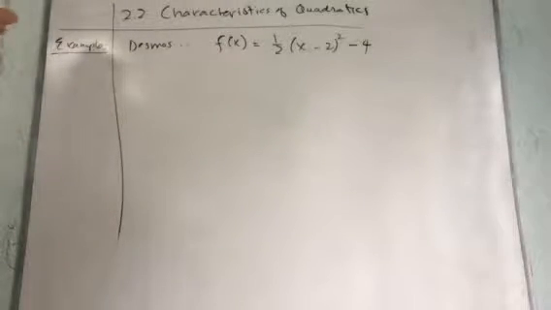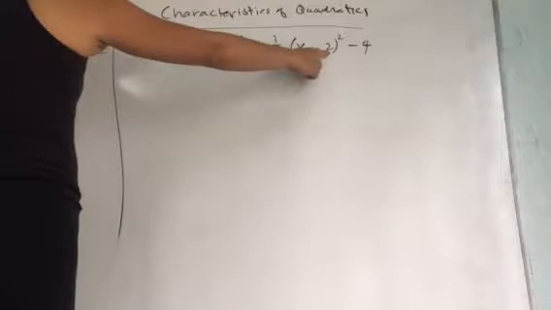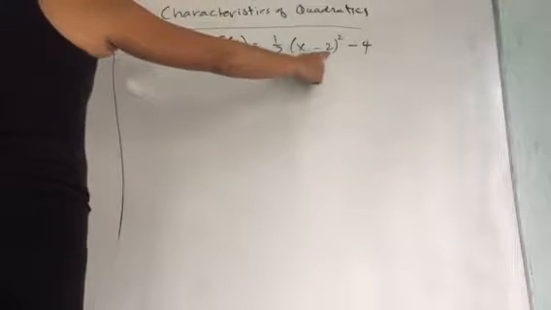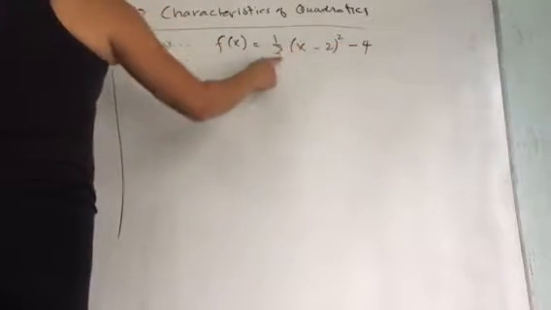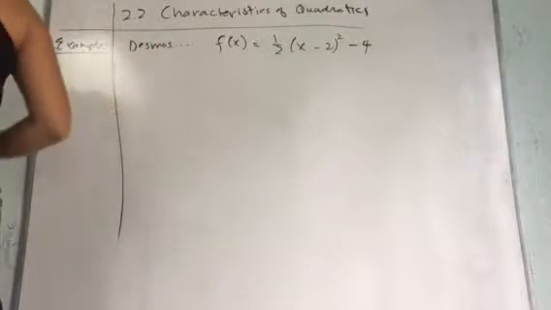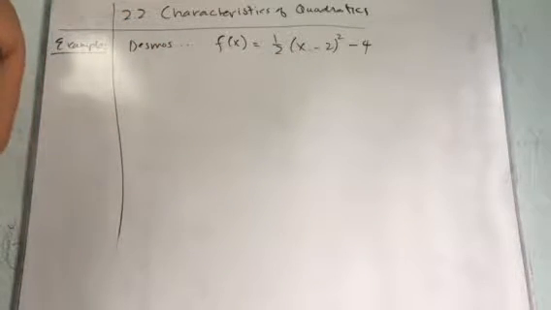Okay, and so just by looking at this, I can see that there's going to be a translation of 2 to the right, down 4, and it's going to be shrunken a little bit by 1/2.